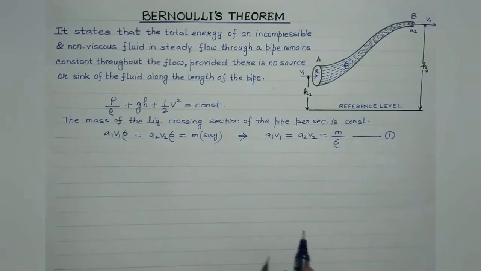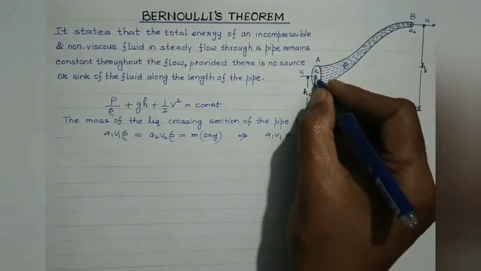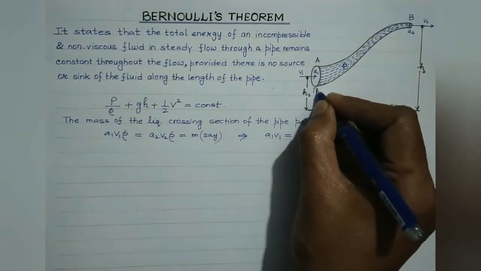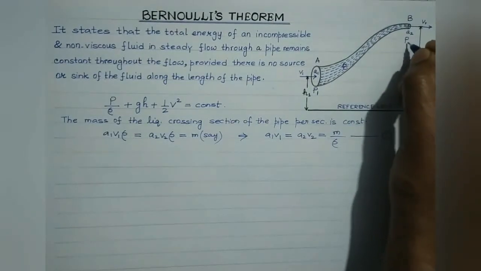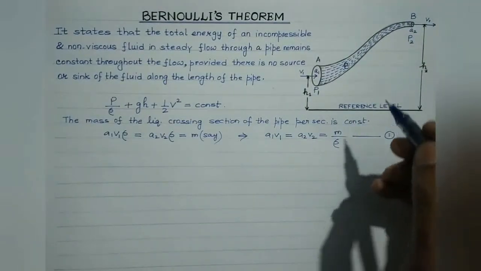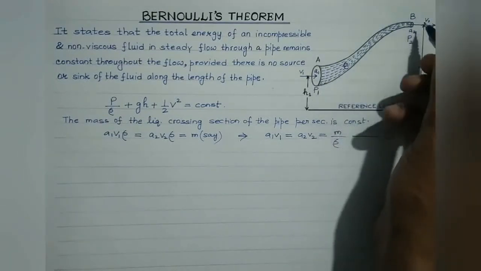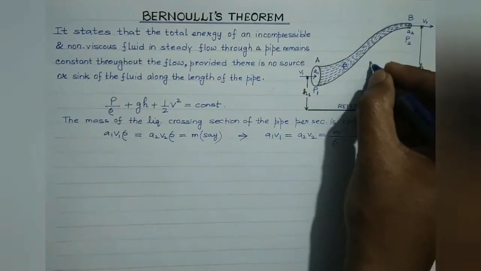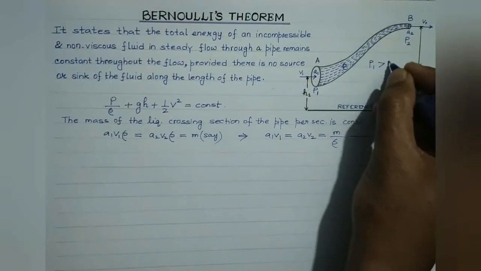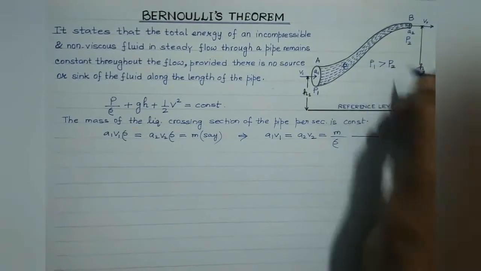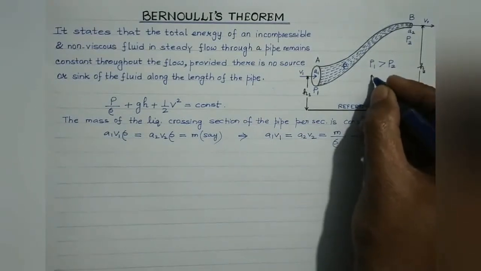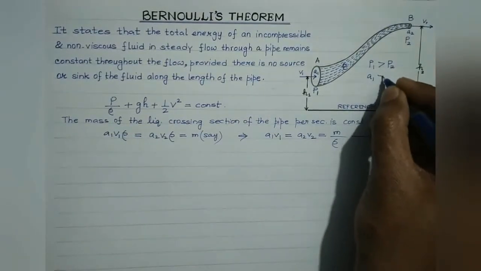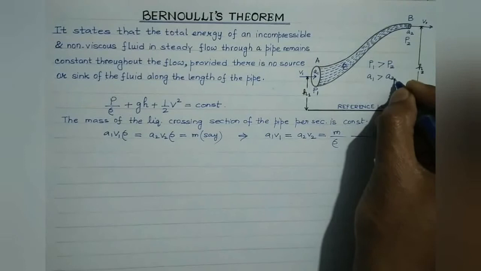Clear, students? Now suppose P1 is the pressure here, and at this end the pressure is P2. Since we have assumed the liquid to be flowing from A to B, P1 must be greater than P2. Also, we have considered cross-section area A1 to be greater than cross-section area A2.